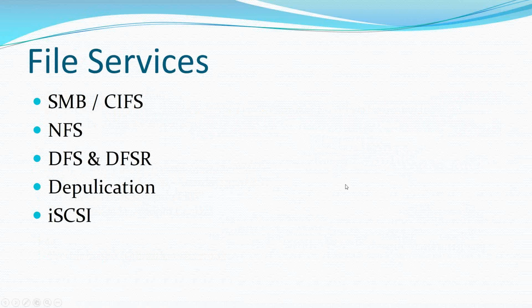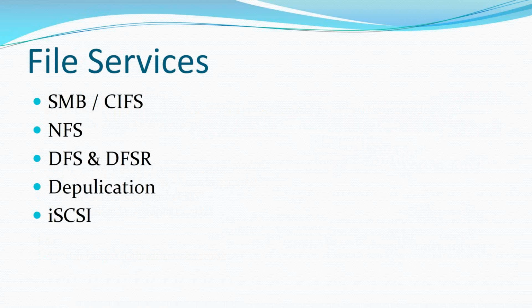Okay, so let's just get straight into this. Primarily with Windows File Servers, you've got your three main protocols for actually doing your file share. So you've got your SMB or CIFS, which is Server Message Block or Common Internet File System, NFS and iSCSI. A bit out of order from the way I wrote it to what I said, but that's how it is.